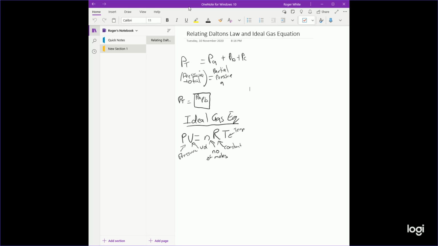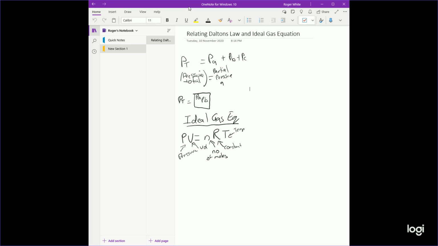This is important to pick up, and I'll say it twice: you can also find the partial pressure of a gas if you know the mole fraction. So I'll say that again. You can find the partial pressure of a gas if you know the mole fraction. So what is the mole fraction? This is another equation to know.